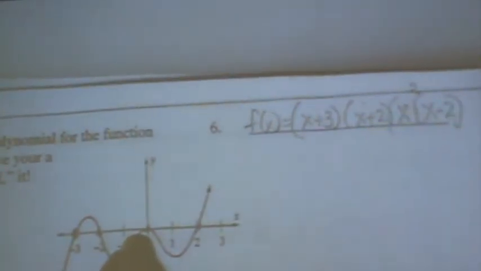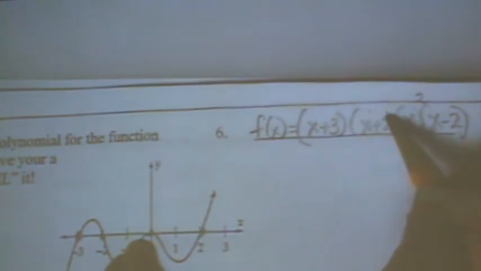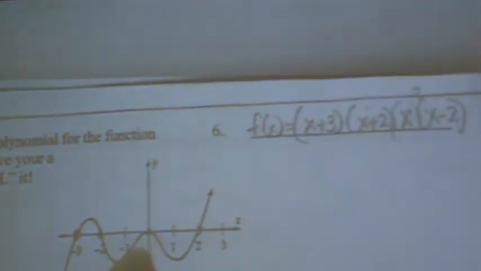Well, the degree has to be odd because the left and the right are doing different things. The right side's going up and the left side's going down. Something's happening at this 0. It's touching here, so the multiplicity has to be even. So I'm going to put a little 2 there, so that it bounces. So now we have a degree of 5: 1, 2, 3, 4, 5.